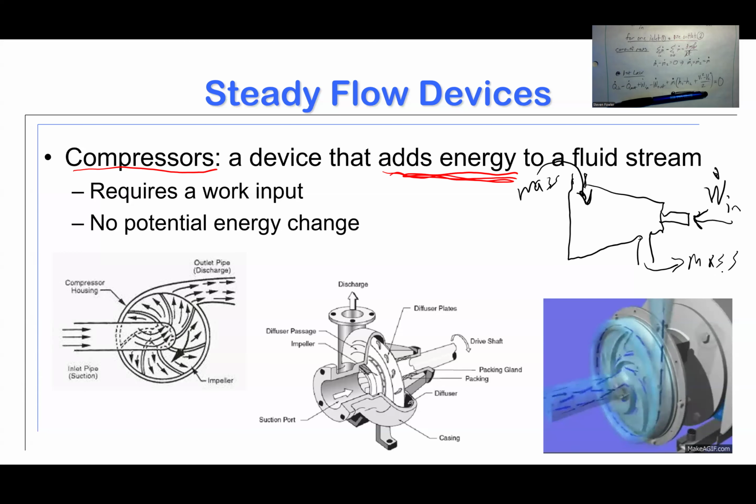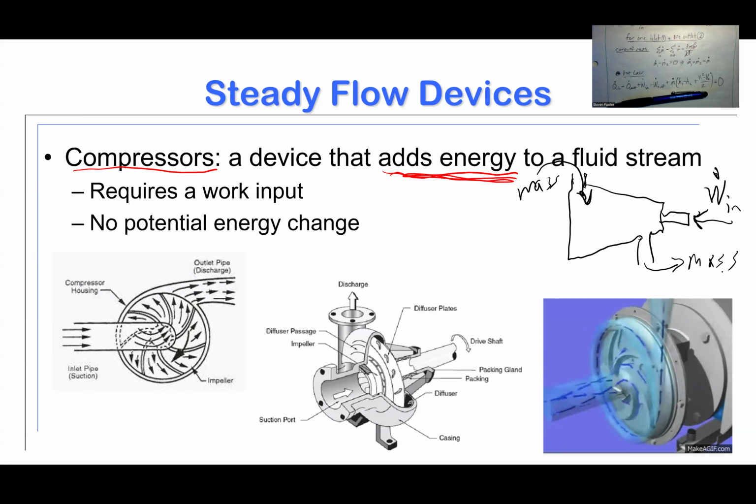I see the GIF image that I've used there doesn't perfectly demonstrate what I'm trying to explain with my diagram. But this is a common way that we would draw a compressor, just a simple diagram. You have mass coming in one place, mass going out another place, a power input. That's really all you would need.